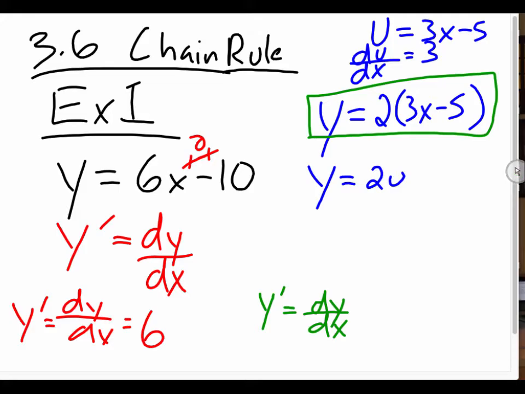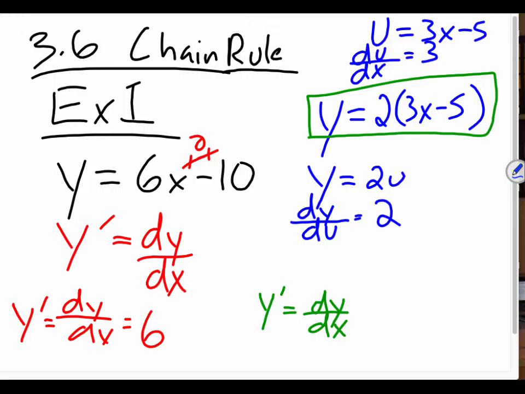So if I take the derivative of this, I would be saying dy du, right? Because I'm taking the derivative of y. This is a function of u, isn't it? Yeah. Okay, does that make sense where we're going with this? Okay, because this is important. So what is the derivative of 2u? 2, right? So that's just 2.